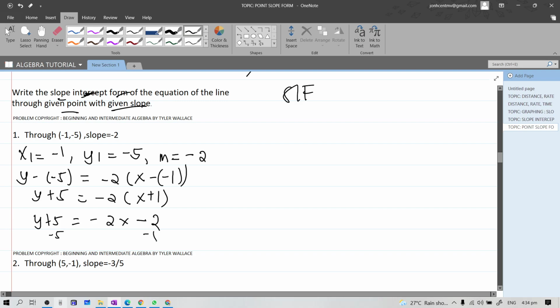Isolate y. You will get y is equal to negative 2x minus 7. Okay? So, let's check. Negative 1 and negative 5, slope of negative 2. y minus y sub 1 equals m times x minus x sub 1. Correct, okay?